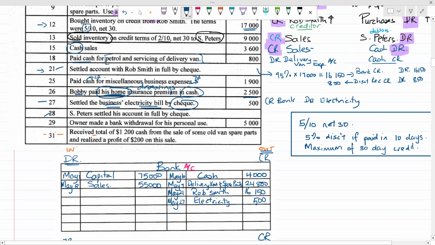On the 28th, S. Peters settled his account in full by check. S. Peters had 2% if he paid in 10 days. So if we check: 14th, 15th, 16th, 17th, 18th, 19th, 20th, 21st, 22nd, 23rd, 24th, 25th, 26th, 27th, and he's now on the 28th. So he kind of missed it, right?